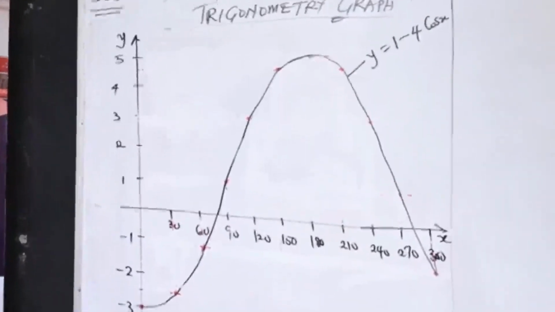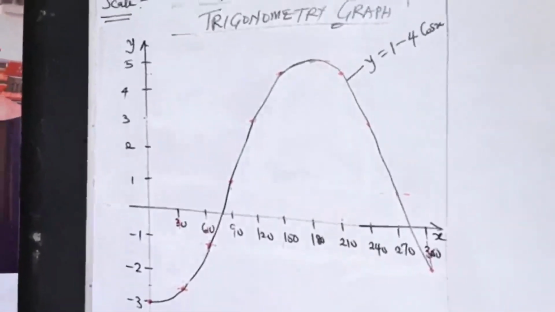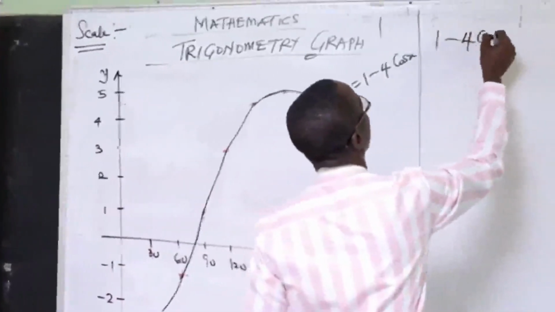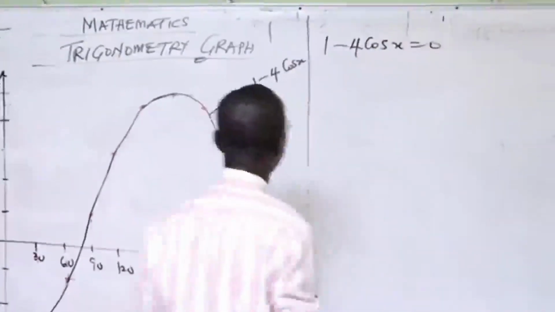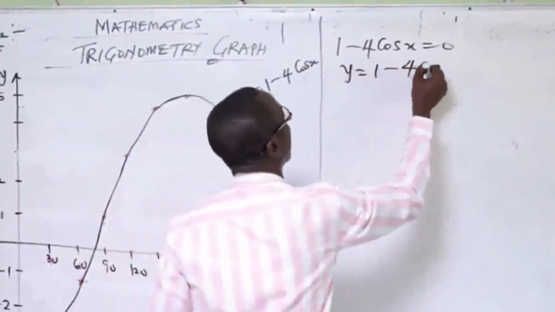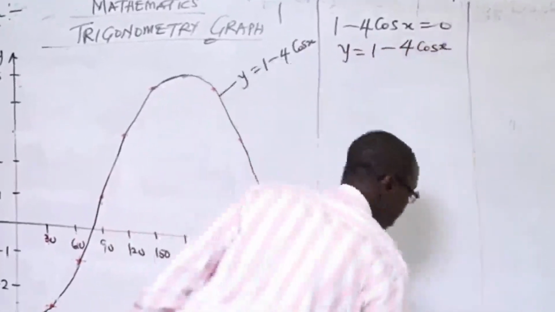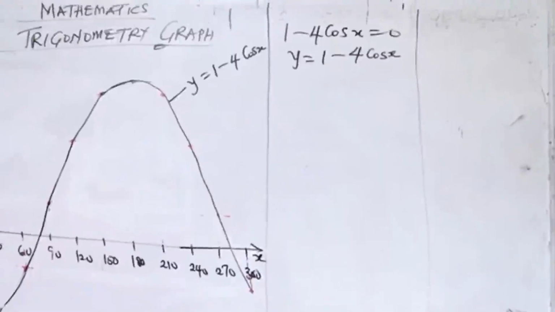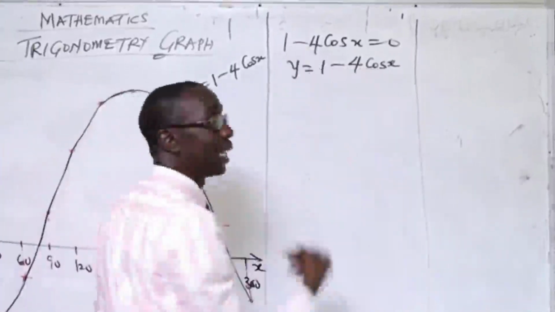Great. Can we take the first question? Use your graph to solve the equation 1 minus 4 cos x is equal to 0. What is the equation of the graph? y is equal to 1 minus 4 cos x. Right? This is what I said under quadratic graph. You can see now that the two equations are the same.